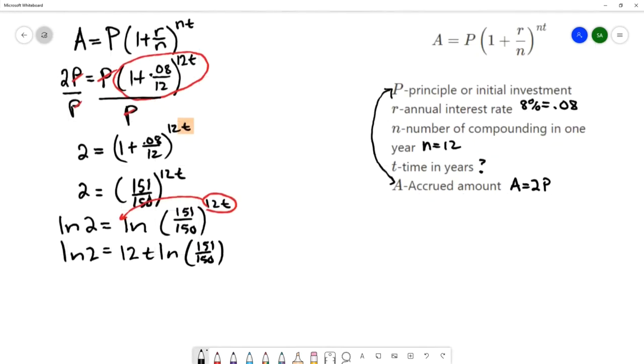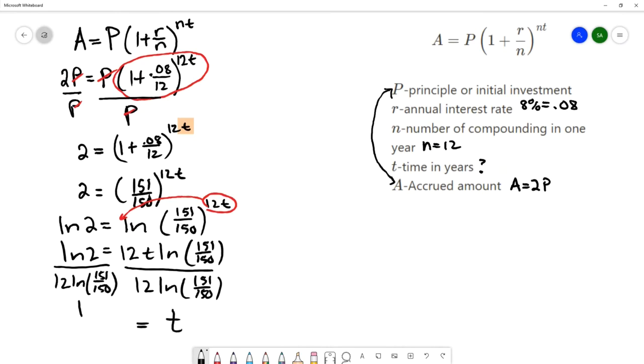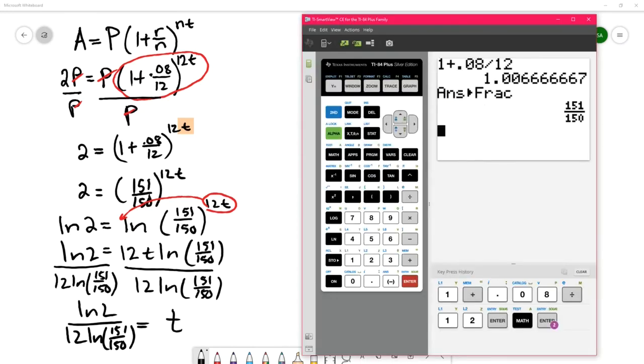And then I'll solve for t by dividing both sides by 12 natural log of 151 over 150. So I have t equals natural log 2 over 12 natural log of 151 over 150. I'm going to pull up my calculator again and type that expression into my calculator.